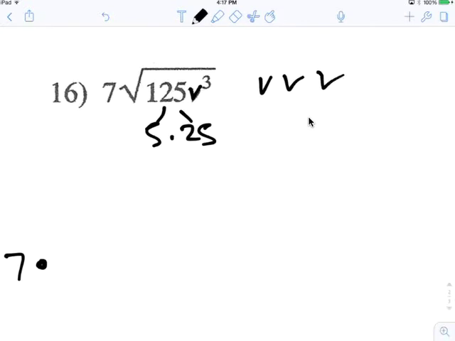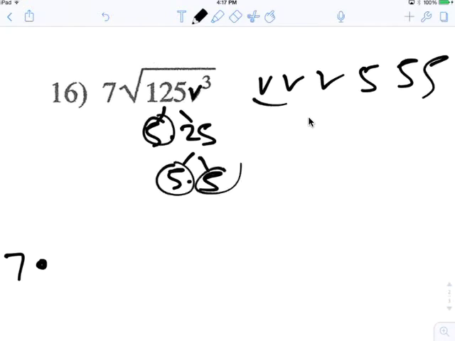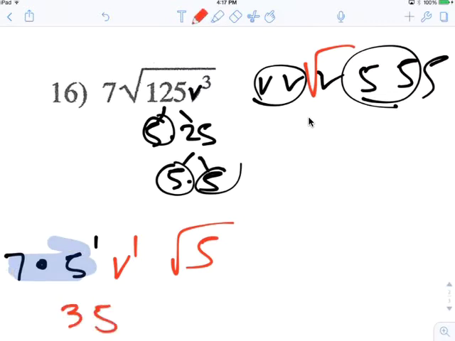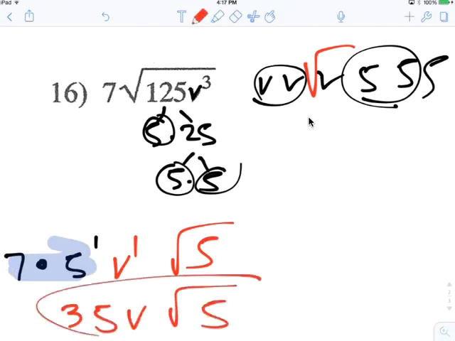Radical 5, and this is 5 from here, so 1, so you get 5 to the first, and then v to the first, because 1 pair, radical v. These 2 we can multiply together to get 35, and then v radical 5, okay?